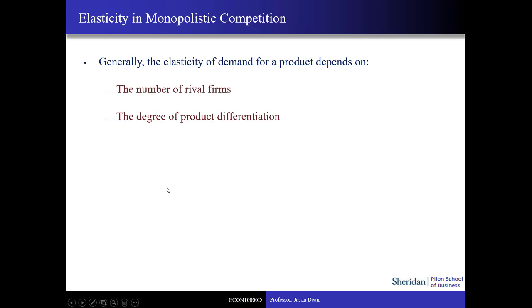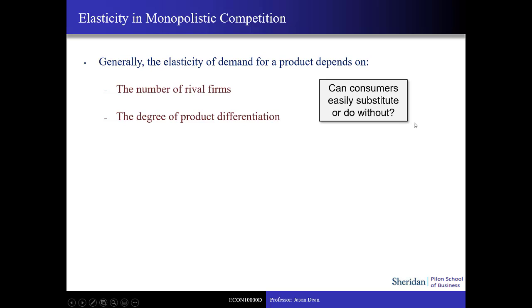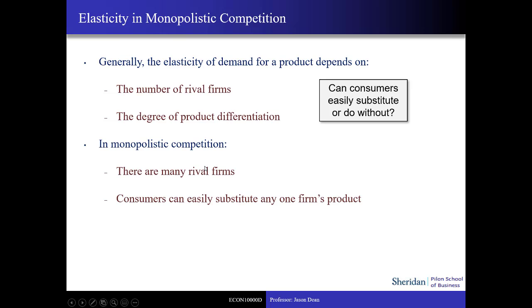So if you remember in our elasticity chapter, I gave you a phrase here, and it said, can consumers easily substitute or do without? And so if we can answer yes, then we're talking about elastic demand, right? In the case of monopolistic competition, there are a lot of different firms by assumption, and they're selling a slightly differentiated product. And so consumers have lots of substitutes available. For any particular, say, hamburger restaurant, a consumer can easily do without, and they can substitute.